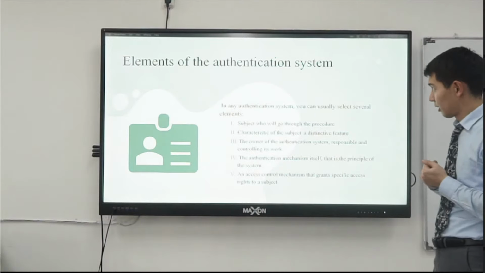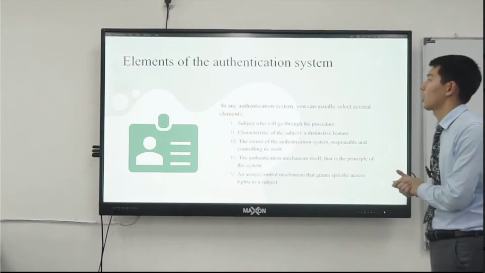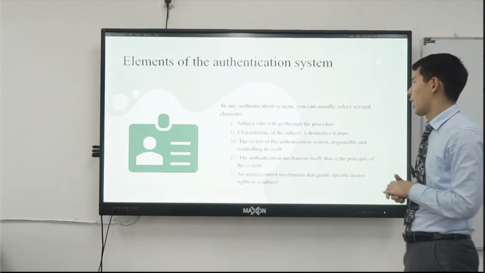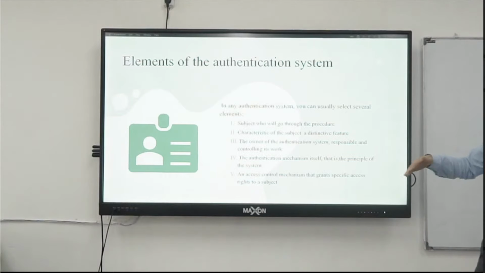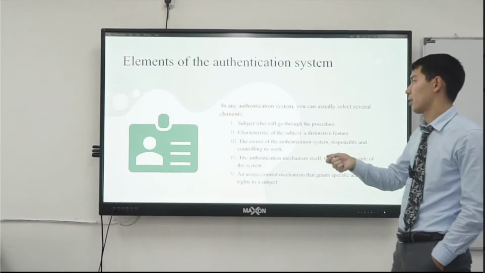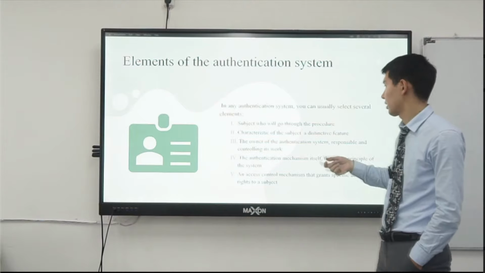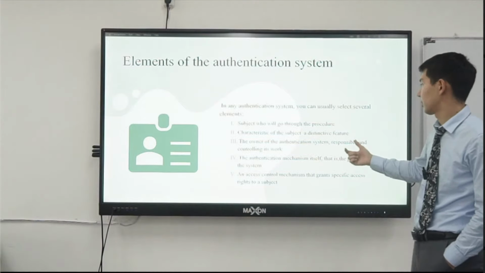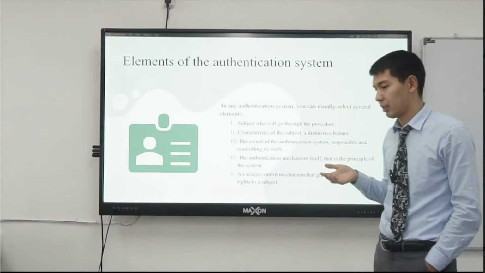Next one. Then let's discuss one by one the elements of the authentication system. As usual, there is the subject which will go through the procedure. For example, this is the card that we are going to take money from, and we go to the bank. Then the characteristic or distinctive feature, meaning what is different from the others.